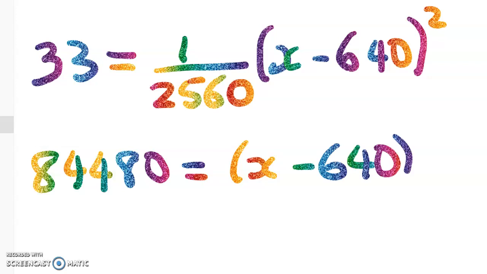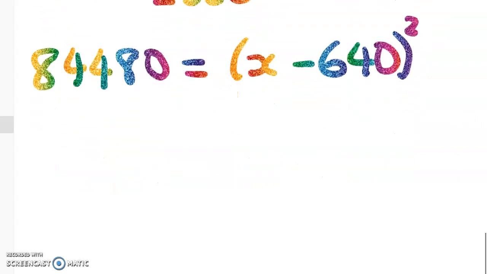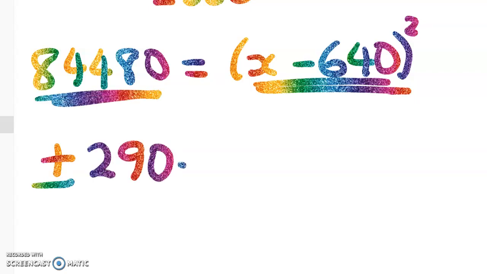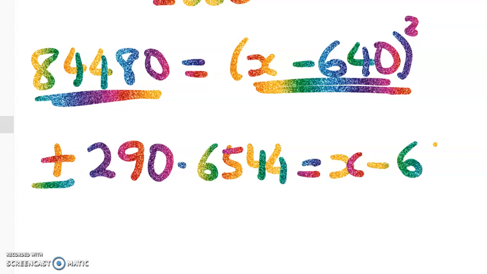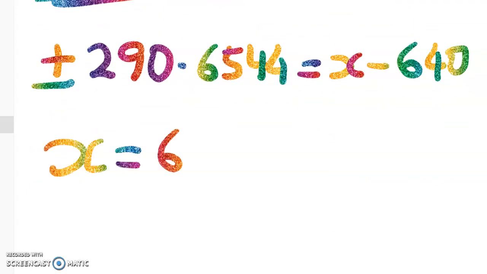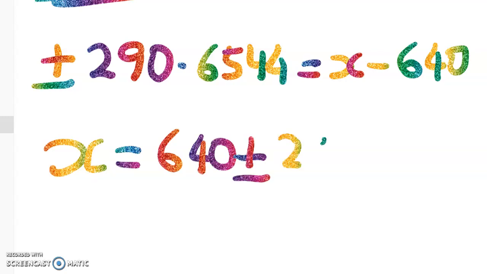Now you've got a choice here about what to do. You can expand that all out, collect up terms, and solve it using the quadratic formula or your calculator. But a cleaner way, when I've got this squared, is just to take square roots of both sides. Remember that it's going to be either positive or negative 290.6544, which is equal to x minus 640. So x will be equal to 640 plus or minus 290.6544.